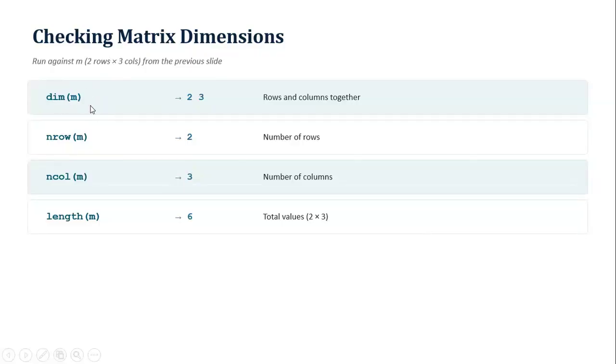Dim of M gives you 2 followed by 3, where 2 stands for rows and 3 stands for columns. Nrow of M gives you 2, ncol of M gives you 3, and length of M gives you 6. The total number of values, rows times columns.